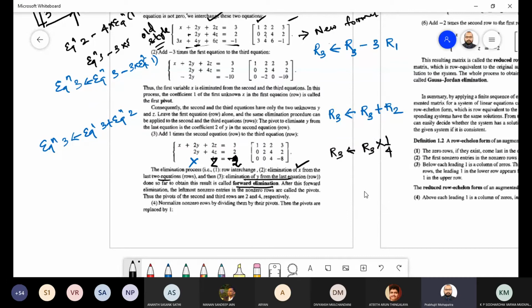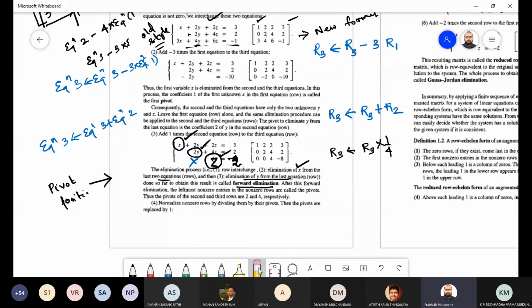So this one step is over. What is the next step? You divide. These positions are called the pivot positions. These three positions are called the pivot positions. This position is for x, this position for y, this position for z.